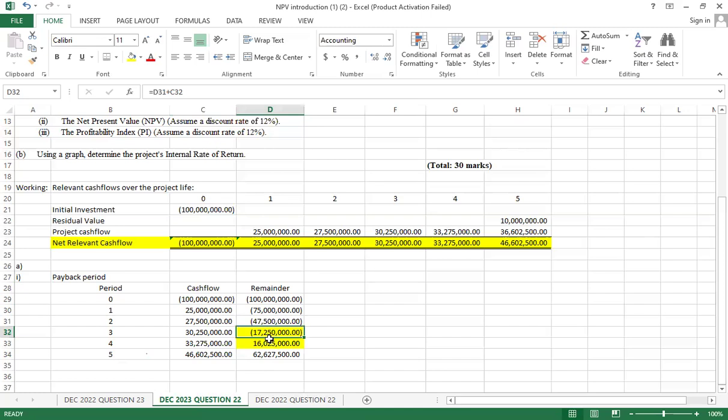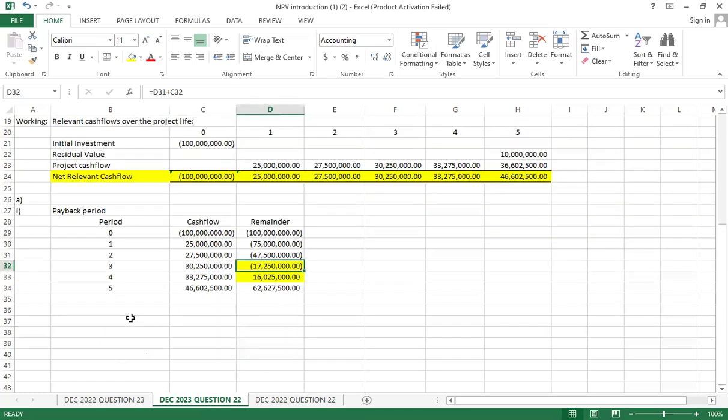Ladies and gentlemen, let's agree. The payback period, PBP, this is how you compute it. We need period 1, period 2, period 3 to recover most of the 100 million.